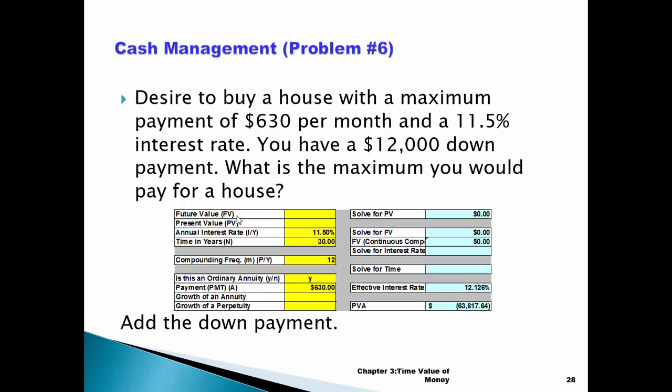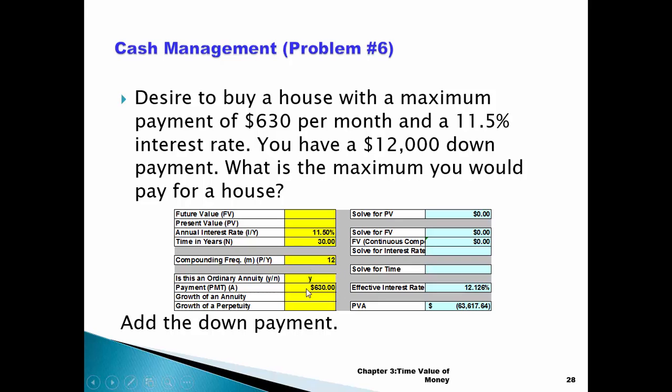You want to buy a house with a maximum payment of $630. You have 11.5% as the interest rate. You have $12,000 to put down. So what's the maximum amount that you would pay for the house? So you plug in the interest rate's 11.5%. It's a 30-year loan.